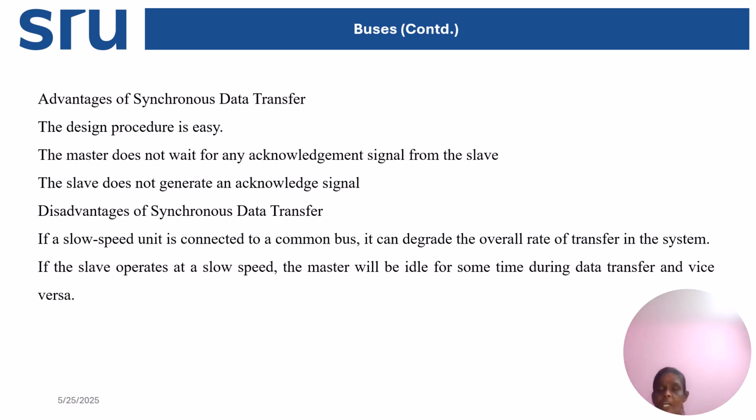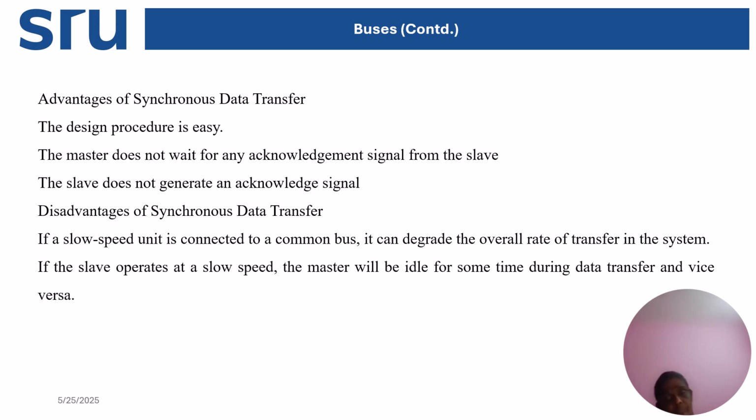That is a waste of time. It can degrade the system performance. If the slave operates at slow speed, the master will be idle. Waiting means idle, so during that time the processor will not do any function. So processor time is wasted.